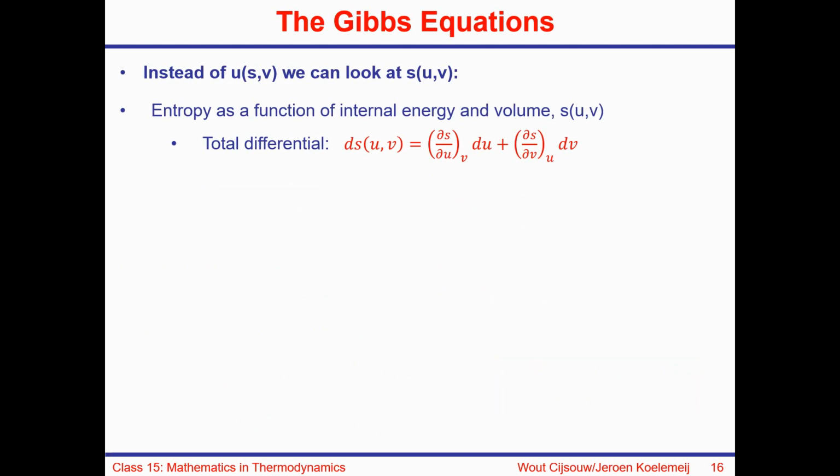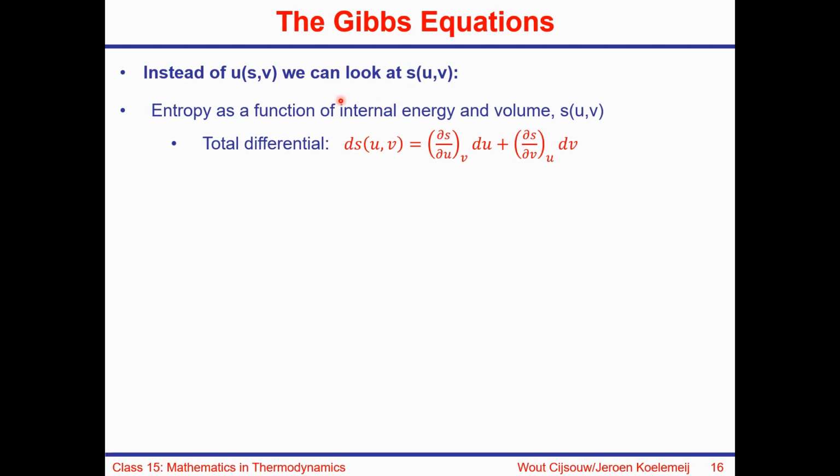And let's look at yet another thermodynamic function. Let's not look at the internal energy as a function of entropy and specific volume, but let's interchange the roles. Let's assume that internal energy is now the independent variable and entropy is the dependent variable.